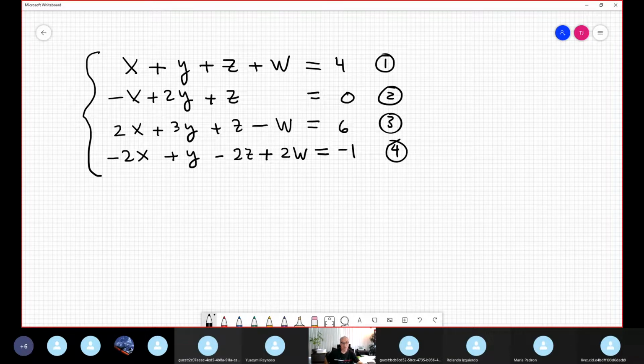How many variables? 4 variables. How many equations do we have? Also 4. The answer is 0 degrees of freedom. That means that maybe, because maybe hiding, we have one equation that is dependent.